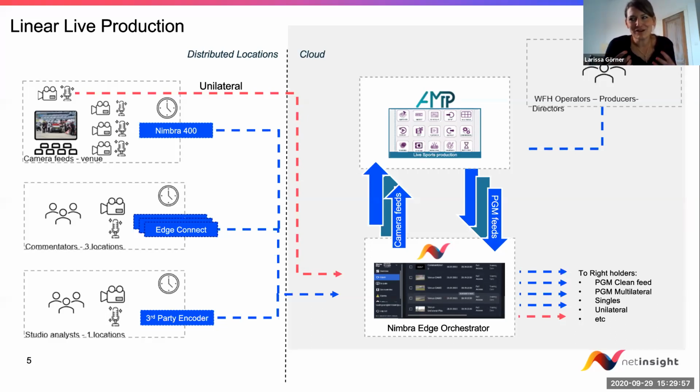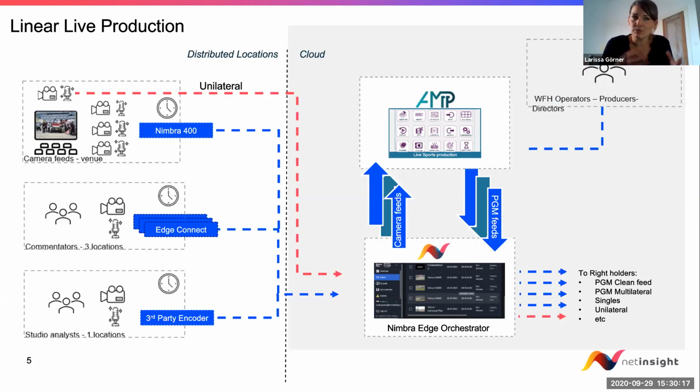So it is really important for us, and that is why we made this architecture, that AMP allows you to process wherever you would want to. So you can process very close to the sources and then just send encoded streams, which are commercially viable, to the places you would want.